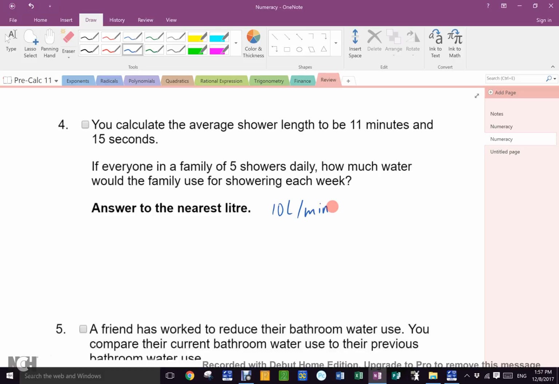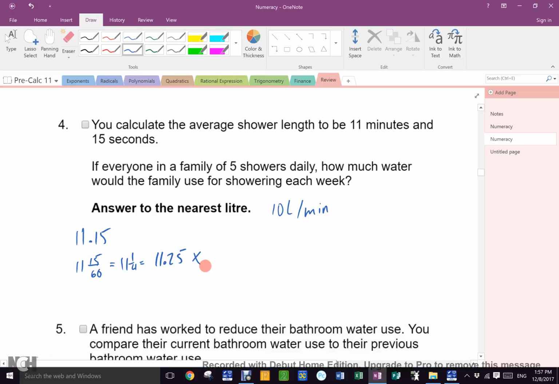Time. Because how many people did this? 11.15. Is time measured in hundreds? What's time measured in? 60s. So it's 11 and 15 sixtieths of the next minute, which is 11 and 1/4, which is 11.25 minutes.